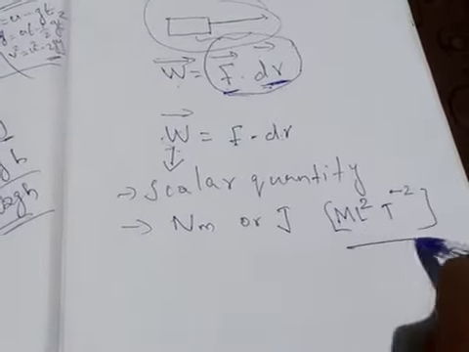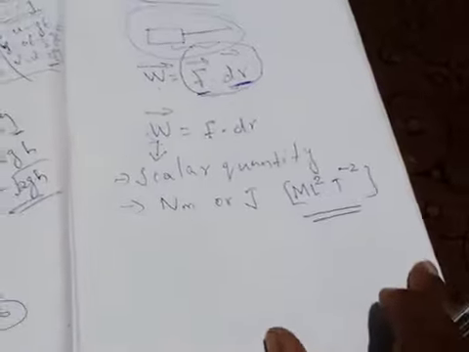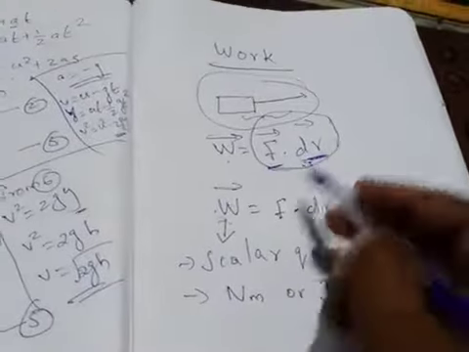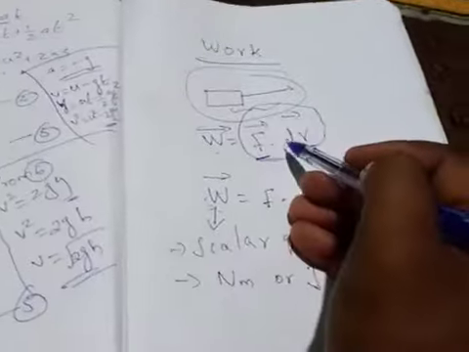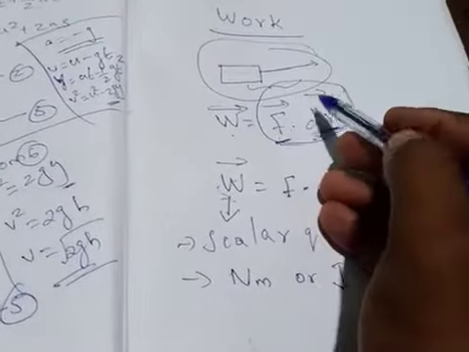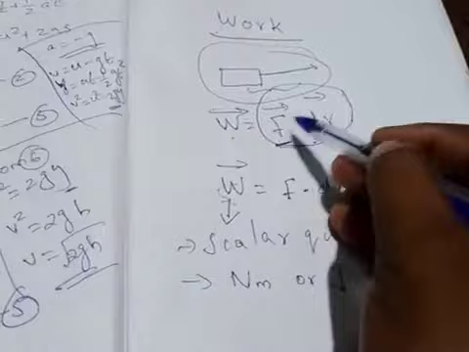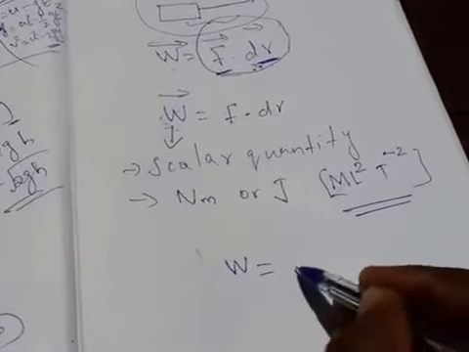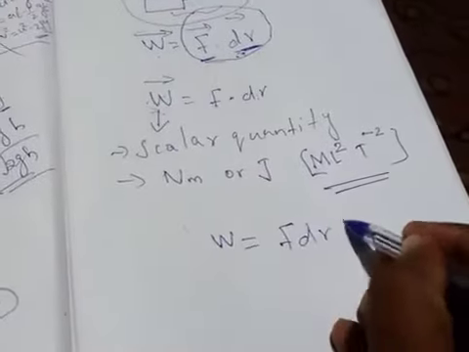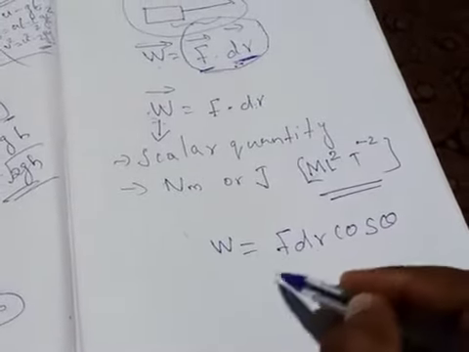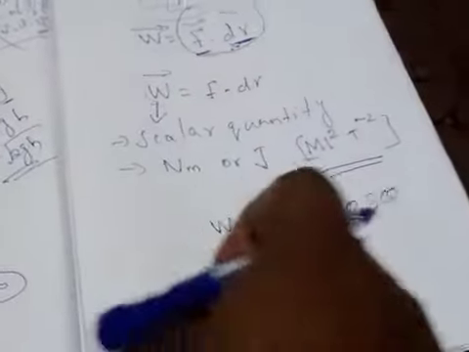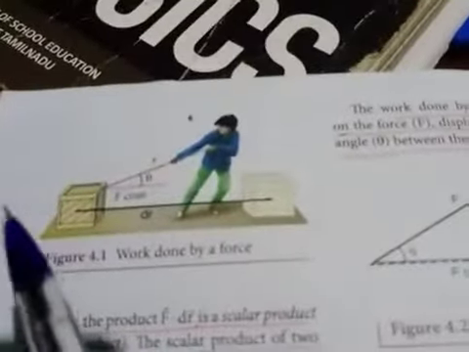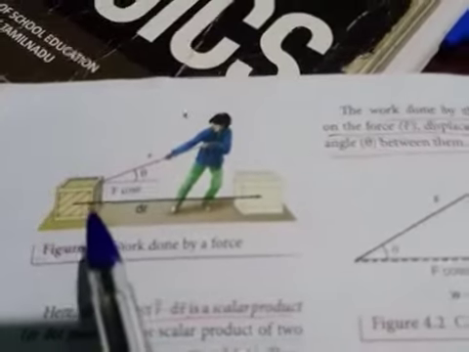This is the dimensional formula for work done, and we can write this equation W is equal to F dot dr. Actually here it is given with the direction and all, as a vector, and we can change this formula: W is equal to F dr cos theta. Why W is equal to F dr cos theta? You see here in this diagram, a person is applying a force in this direction.